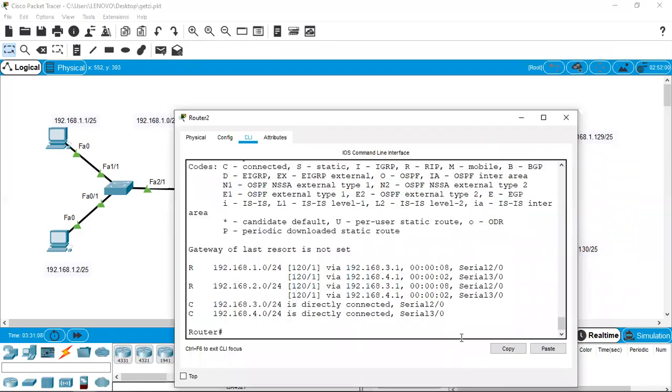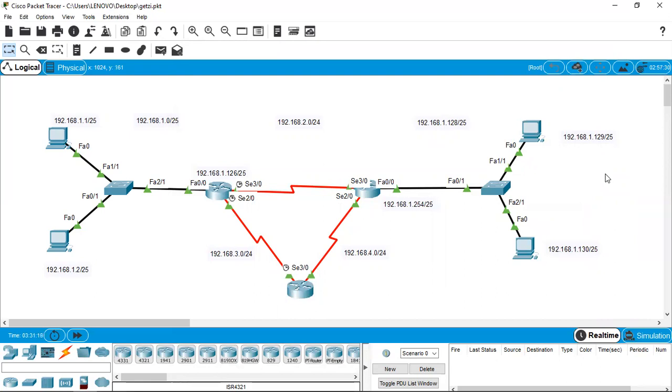RIP version 1, in its packet format, does not include the subnet mask. This is a serious issue, and it is why RIP version 1 will not work with discontiguous networks. What is the meaning of a discontiguous network?